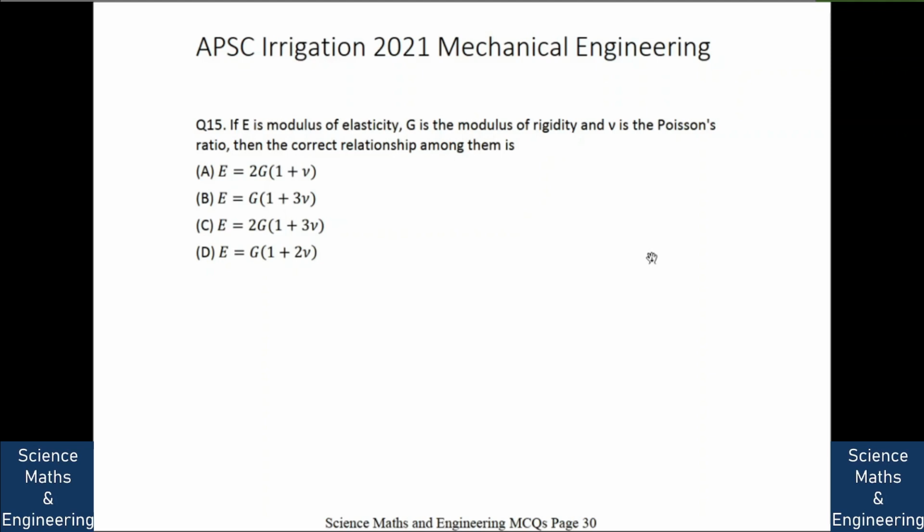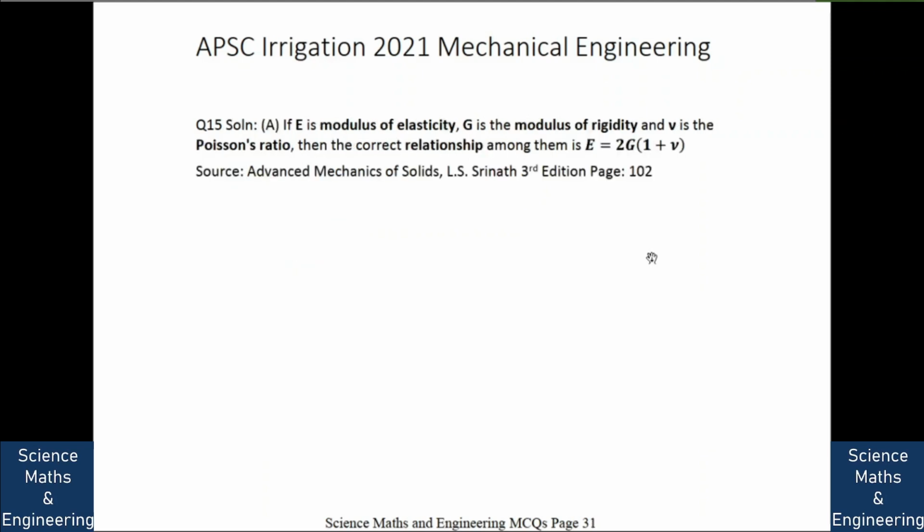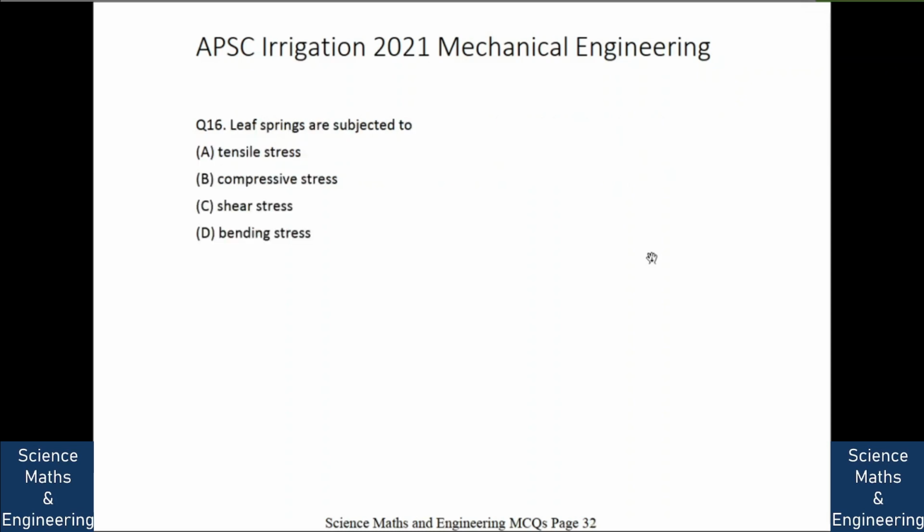So you can pause and think of it. So the solution is E is equal to twice G (1 plus nu).